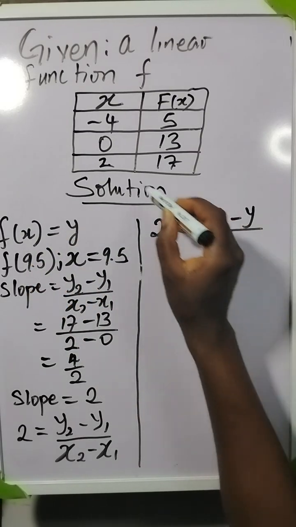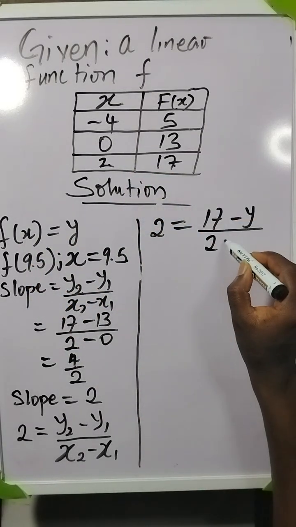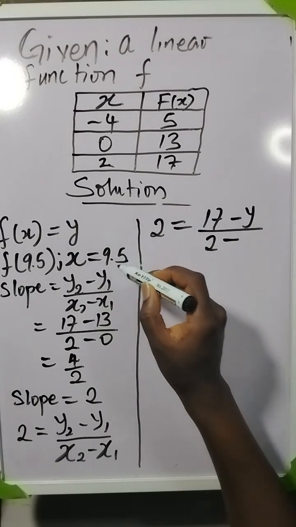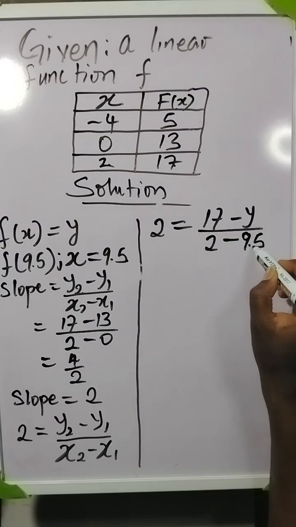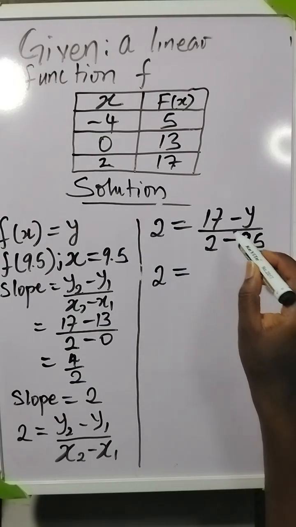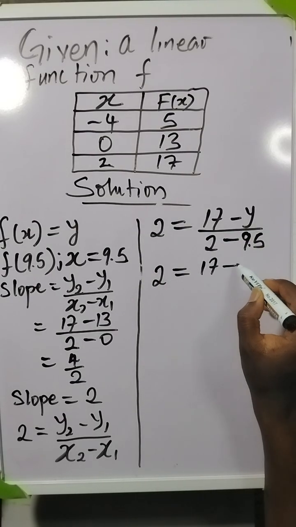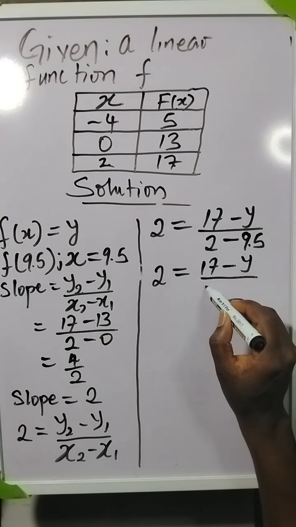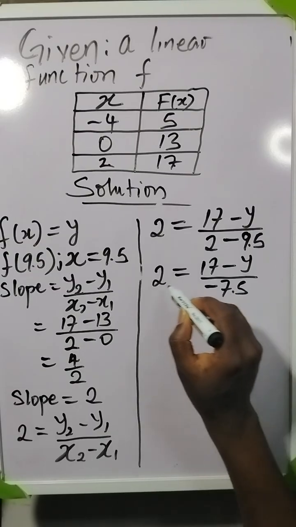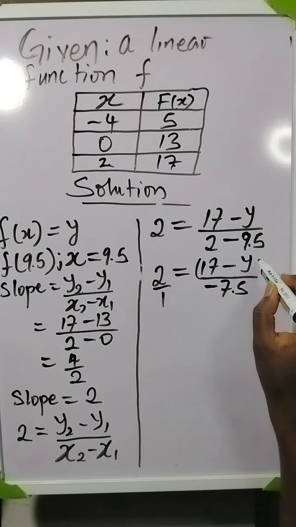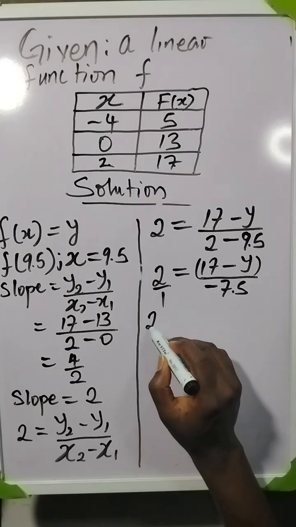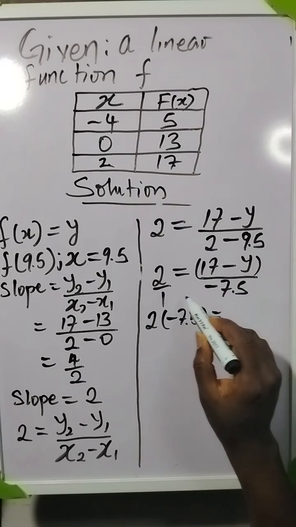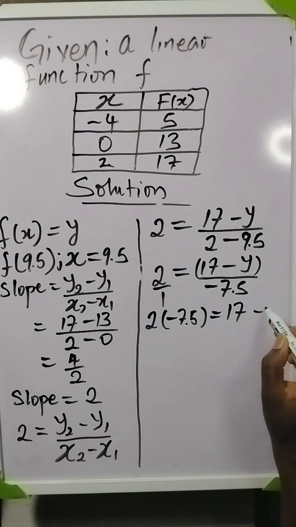And then my x2 is this 2 minus my x for this y, which is given. So this will be 9.5. So this is 2 is equal to 17 minus y all over, if you subtract this, it will give you minus 7.5. Cross multiply, you have 2 times minus 7.5 is equal to, 1 multiplied by this will still give you 17 minus y.